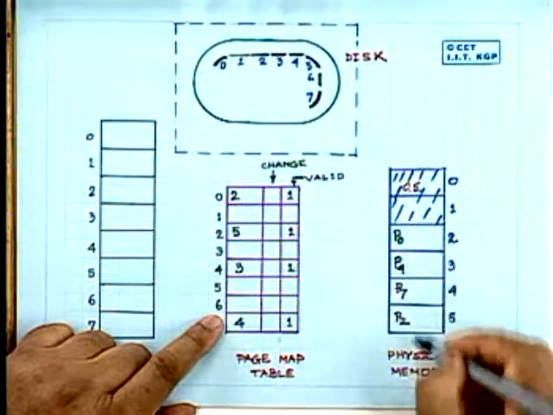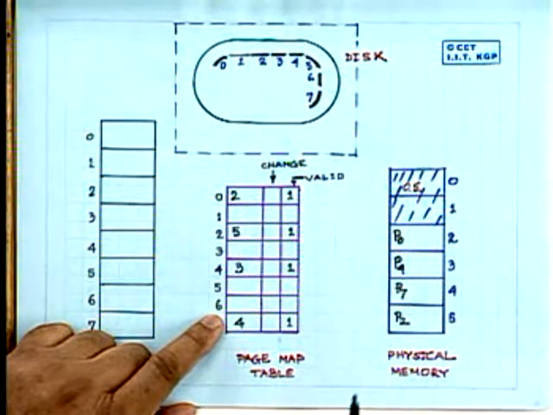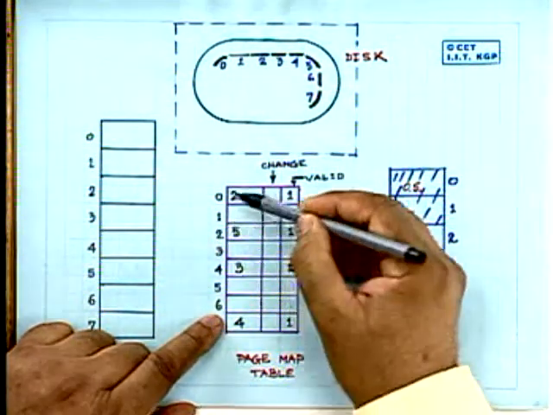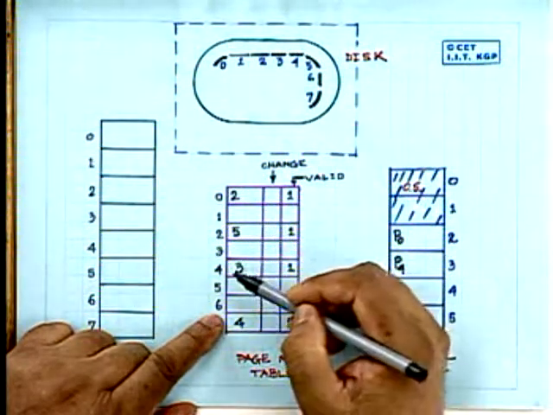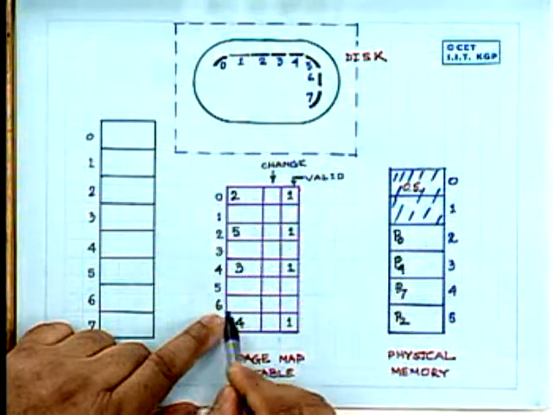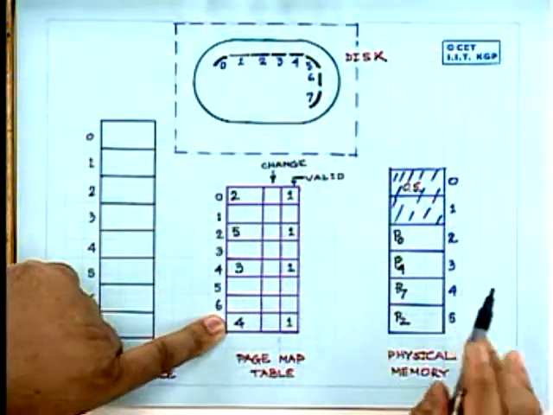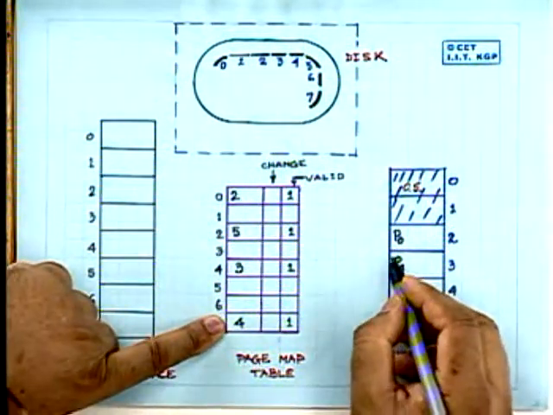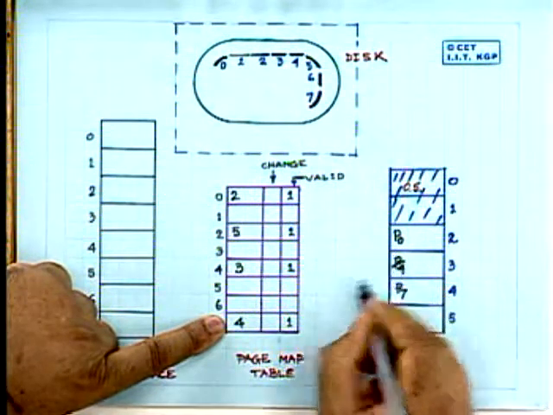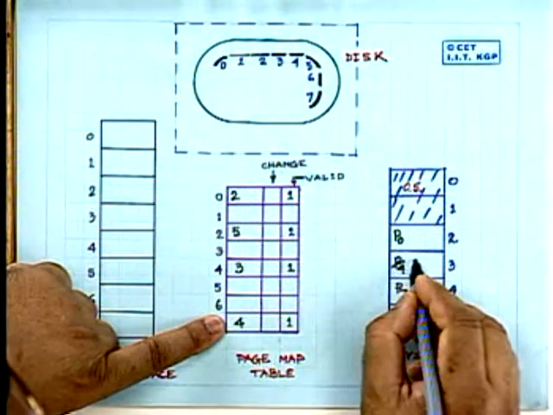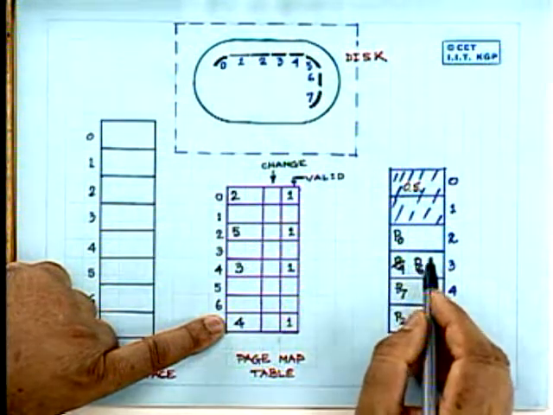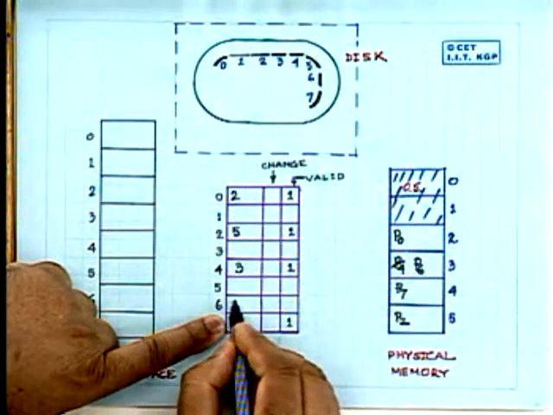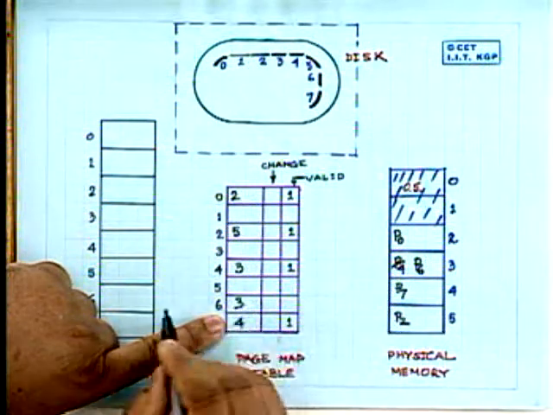No memory is left. Therefore, what we do is take one of the pages that is in memory and replace it with page 6. Say, for example, that we take out page 4. Then we insert page 6 here, and therefore page 6 is now in frame number 3.